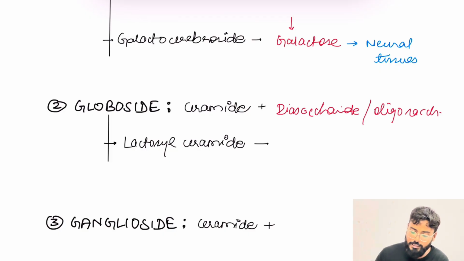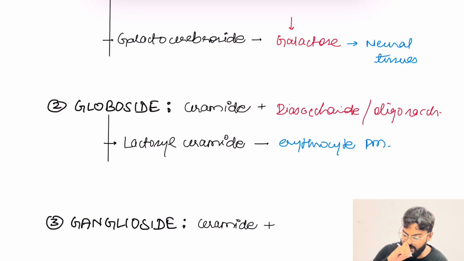Lactosyl ceramide is present in the erythrocyte plasma membrane, and here the disaccharide is your lactose.